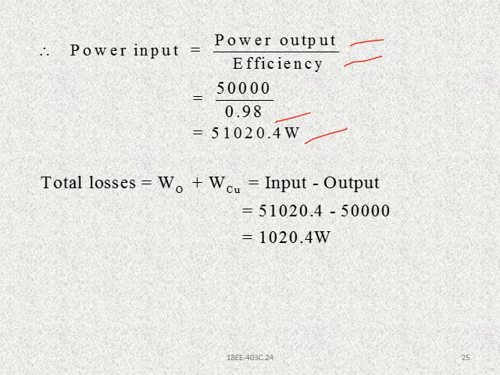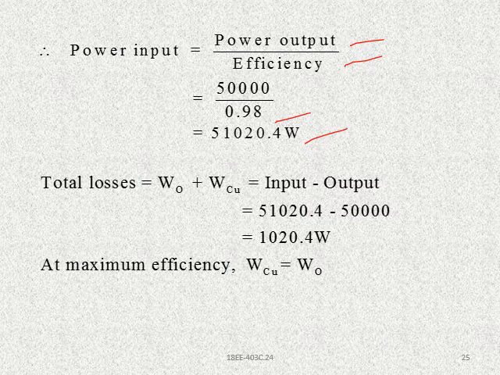The thing different from the previous problems is that in the previous case it was full load efficiency and now it's maximum efficiency. The condition for maximum efficiency is that the iron loss is equal to the copper loss. That means both the losses are the same.